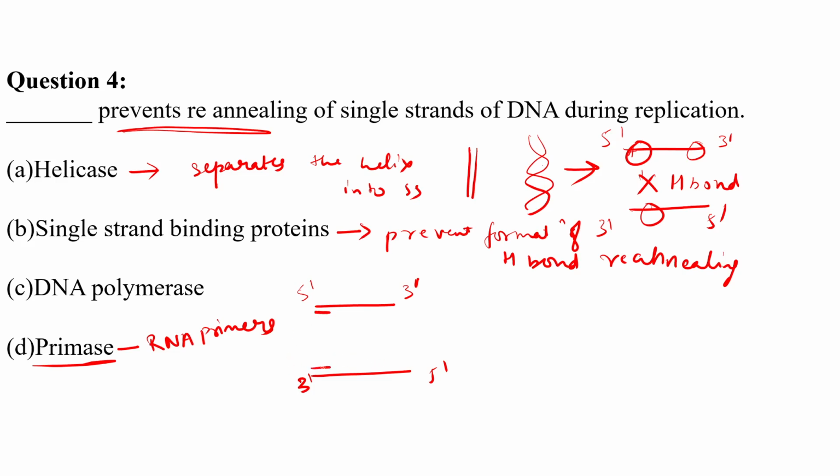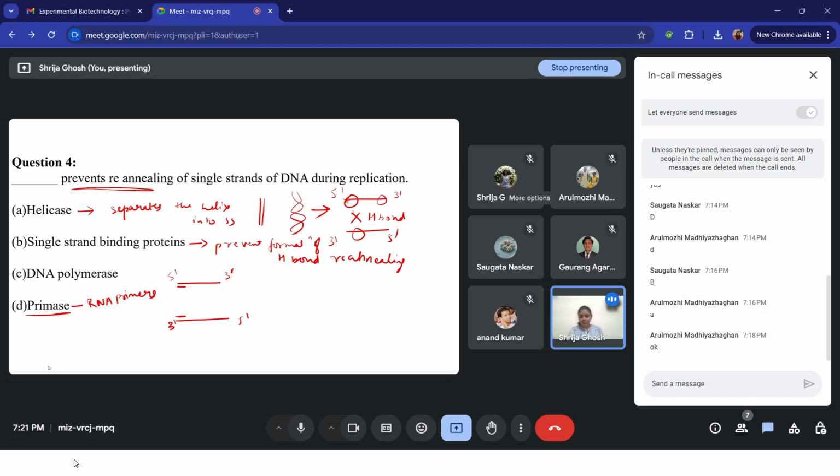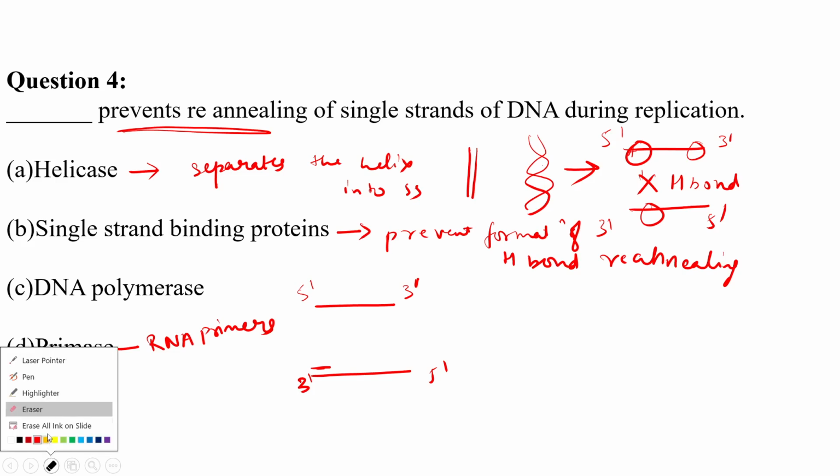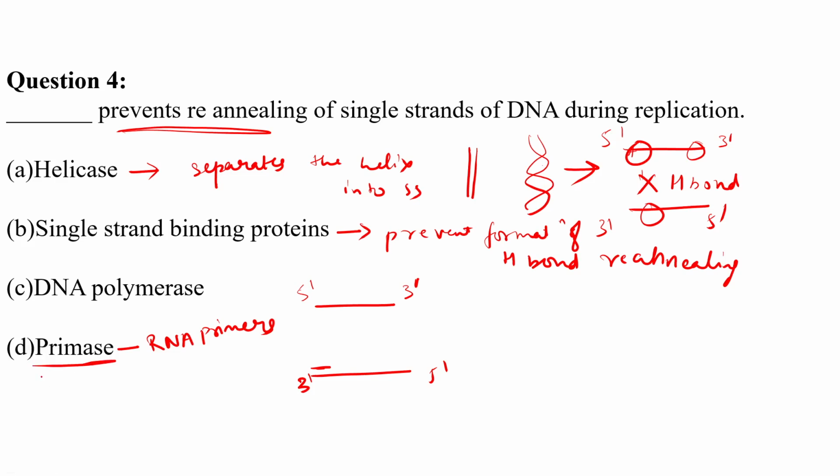So it will bind here, and I made a mistake, just a second. So it will make small RNA primers, and these primers will be complementary to this region.